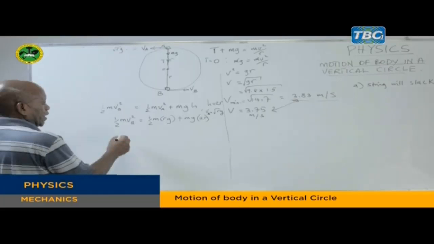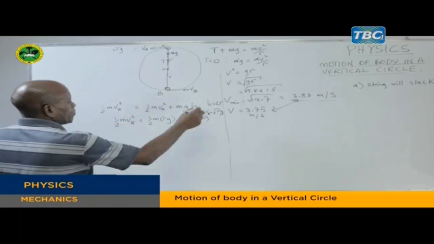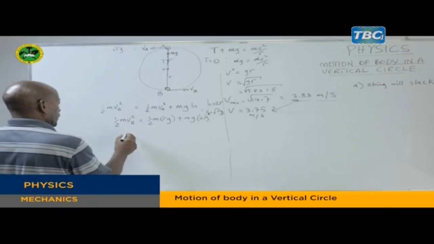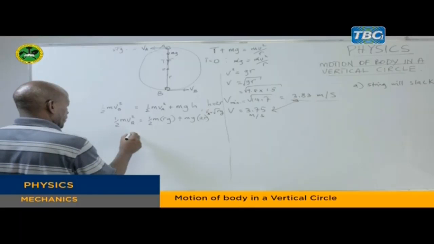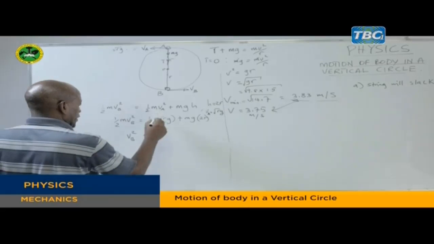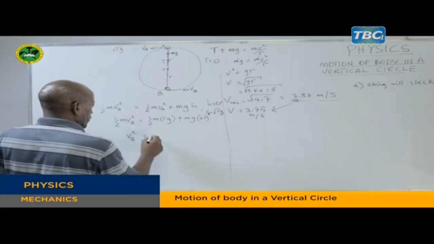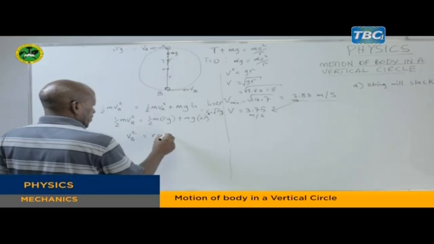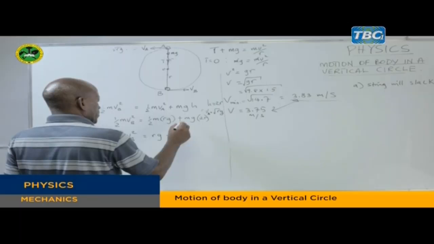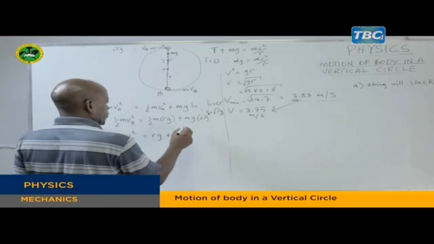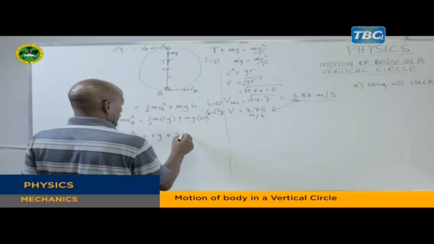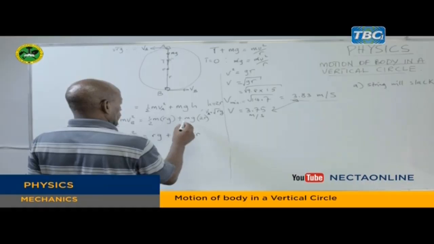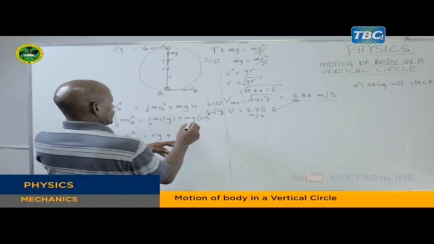If we divide by m throughout and multiply by 2, the 2 and m go, and we remain with vB squared equal to rg plus 2 times g times 2r.